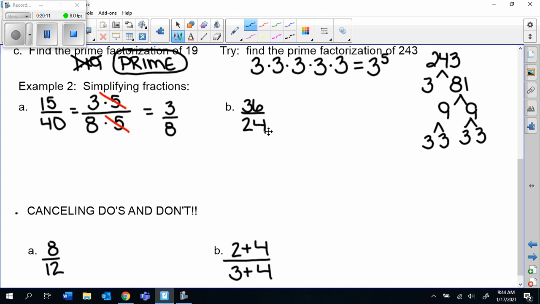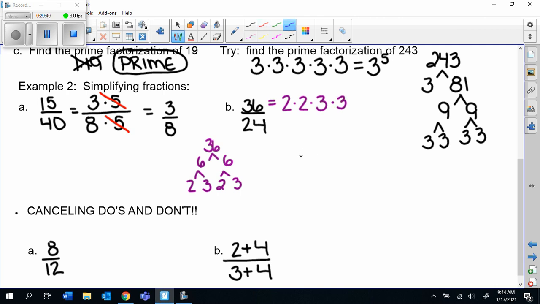On this side, 36 and 24, they're both divisible by 12, but I'm going to go ahead and break this down and do this kind of the long way and show you. So 36 is 6 times 6, and 6 is 2 times 3, which is 2 times 3. So if I broke this down, it would be 2 times 2 times 3 times 3.